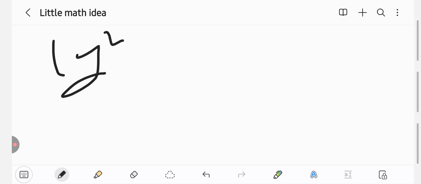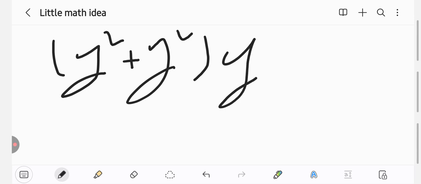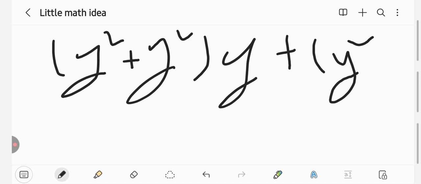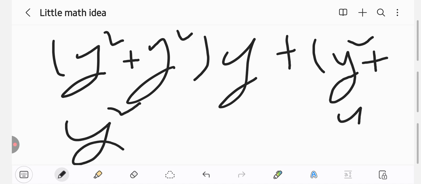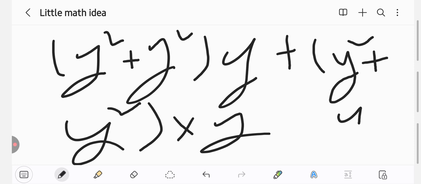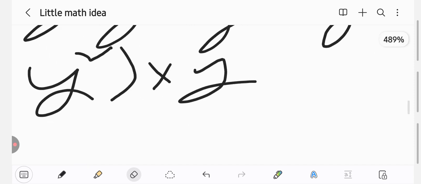So we get y squared plus y squared times y, plus y squared plus y squared times y, because the first y was added y squared plus y squared times, and the second y was also added y squared plus y squared times.